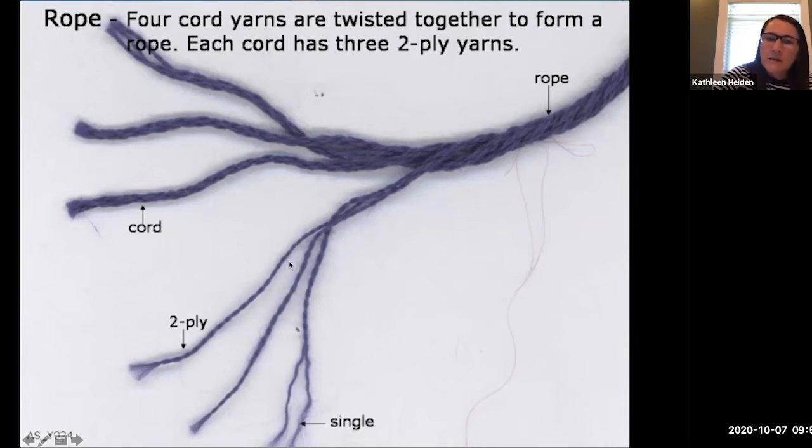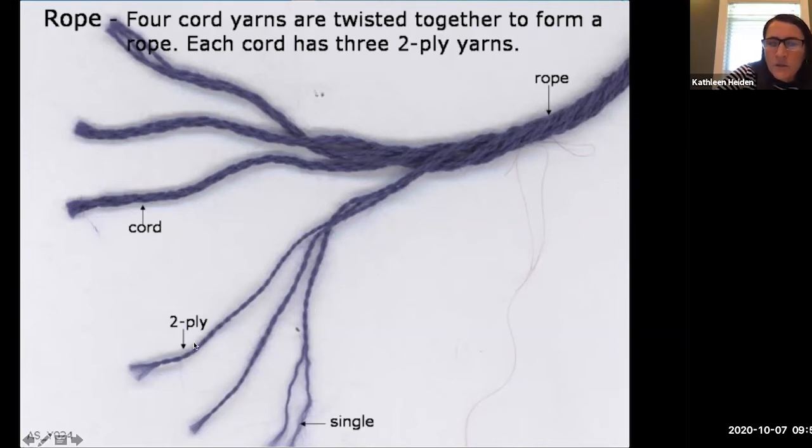If we undo those yarns, we see that this is a 2-ply. So each of the yarns that was twisted together to make the cord has 2 yarns that were twisted together to make it. So that's a 2-ply. So 1, 2, 3 2-ply yarns were twisted together to make each of our cords.